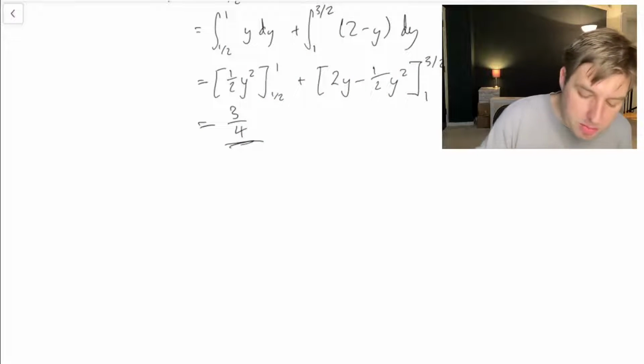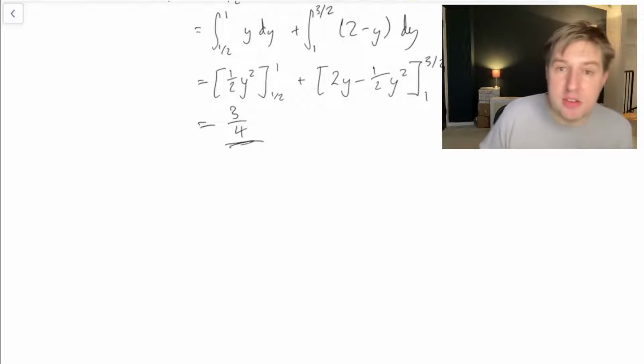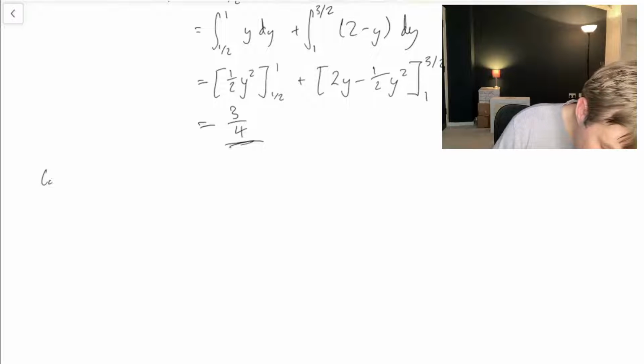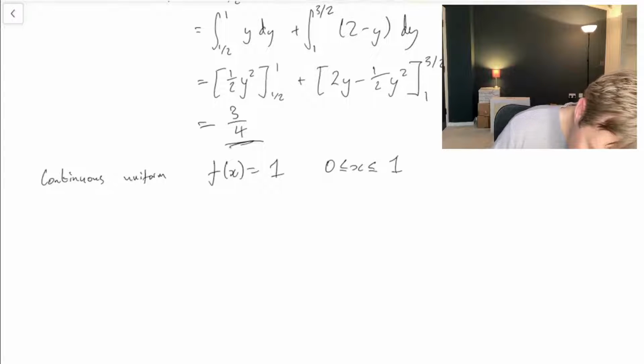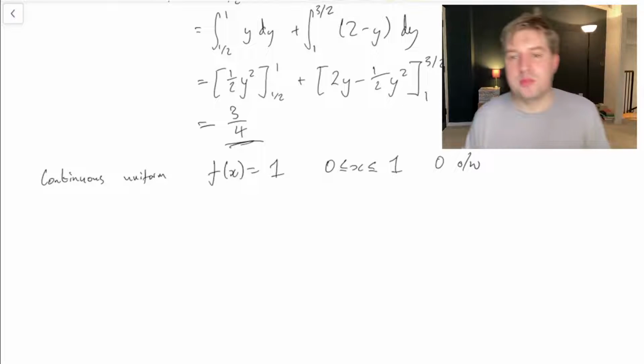So what I'd like to do is to go back to our previous examples of probability density functions from the past subsection and see if we can check the properties we just talked about. You'll remember that we talked about the continuous uniform, which was f of x equals 1 for 0 less than x less than 1 and 0 otherwise.